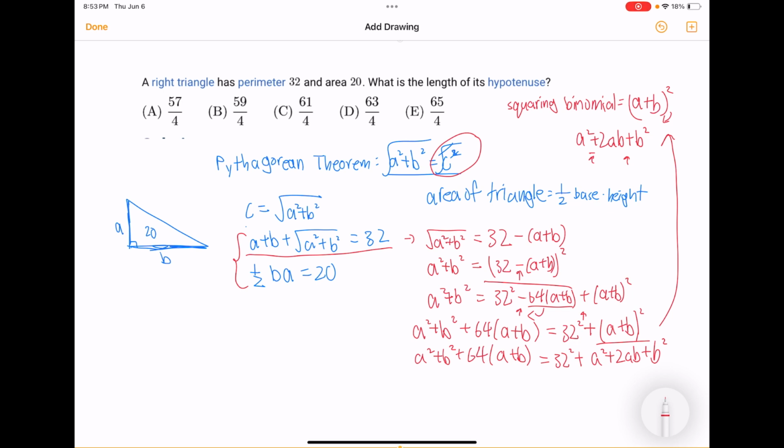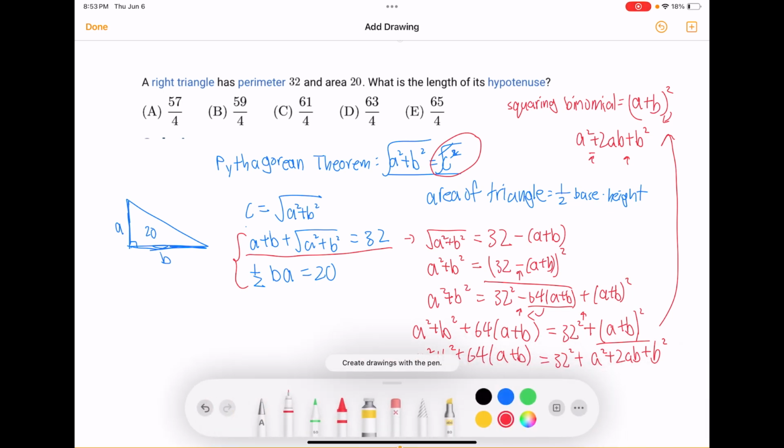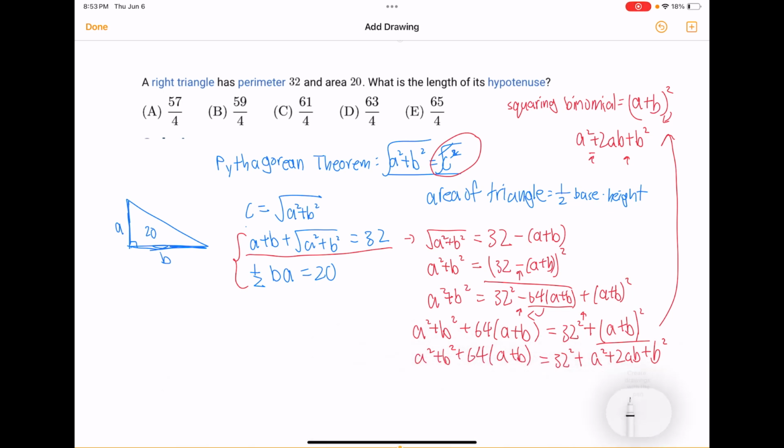And so all you have to do is, I'm just going to change the color here, we can move over the a squared and the b squared. If we move that over, then that would cancel out, because we would get a squared minus a squared and then b squared minus b squared, because the signs will change when you move it over. And so we have a squared plus b squared out of the way.